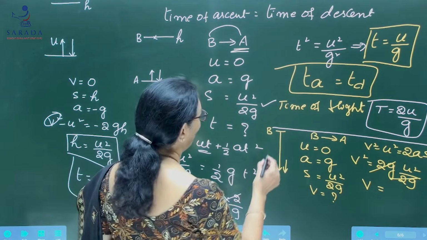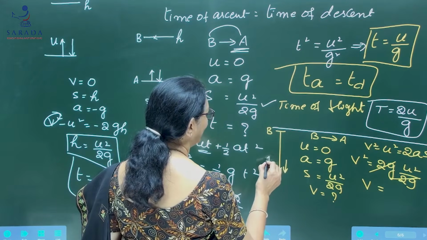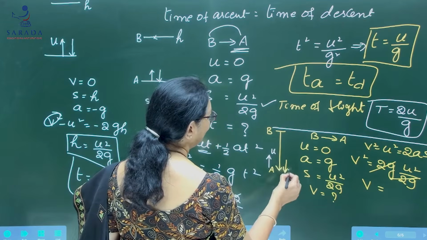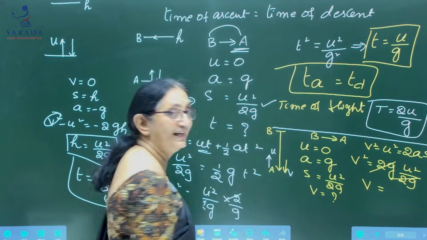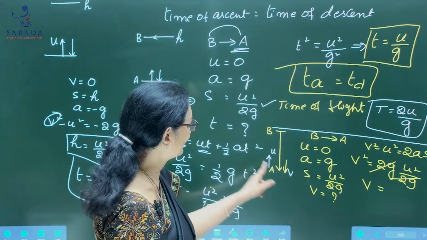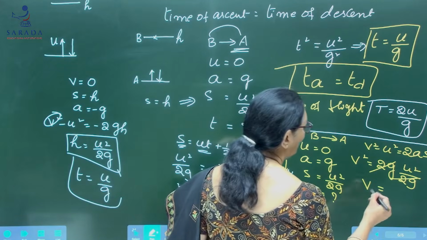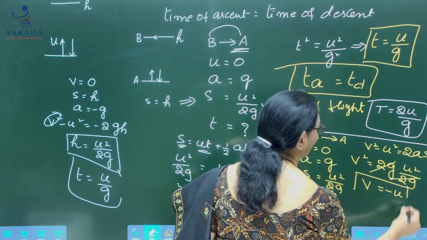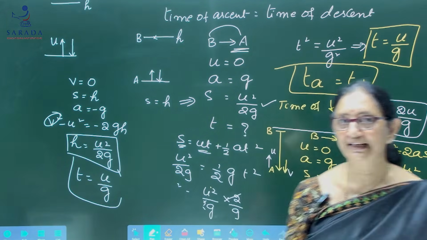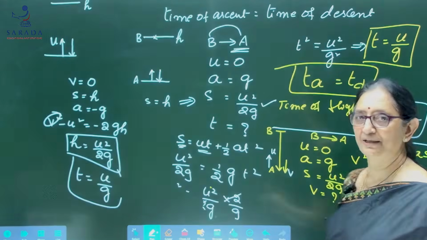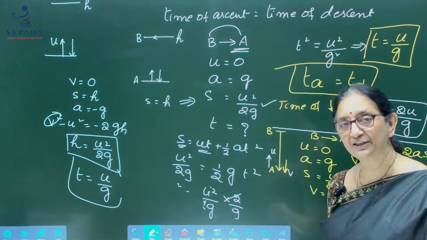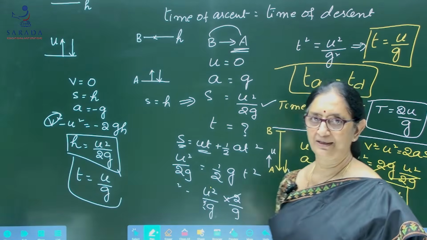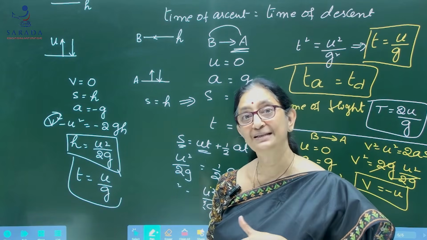Now, look here, the body is projected vertically up, but it reached the ground with a velocity v downwards. As its direction is opposite, we say v is equal to minus u. It reaches the ground with the same speed of projection, but in a direction opposite to that of projection. So, velocity v is minus u.